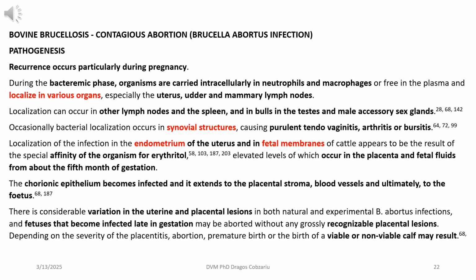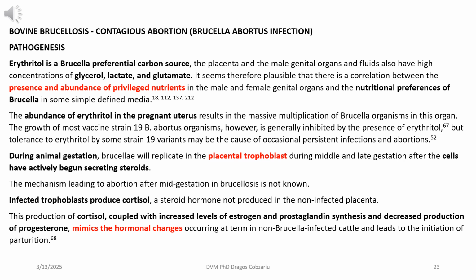There is considerable variation in the uterine and placental lesions in both natural and experimental B. abortus infections, and fetuses that become infected late in gestation may be aborted without any grossly recognizable placental lesions. Depending on the severity of the placentitis, abortion, premature birth or the birth of a viable or non-viable calf may result. Erythritol is a Brucella preferential carbon source.